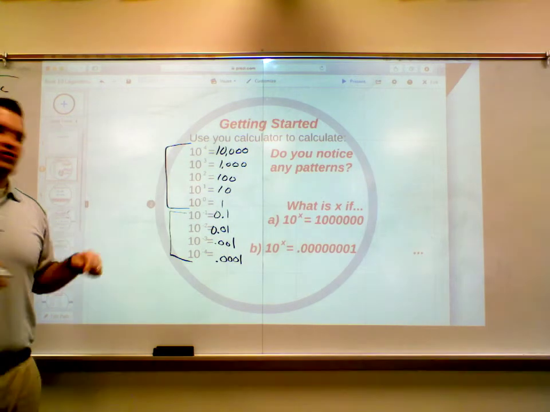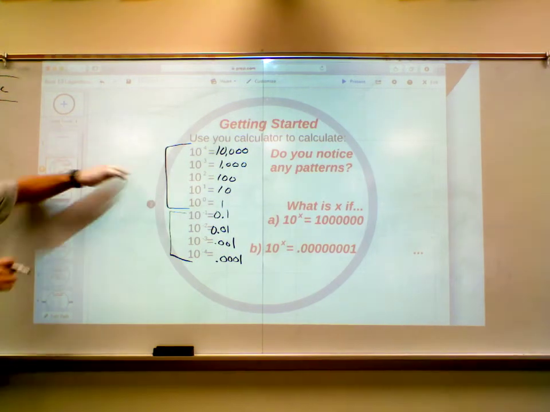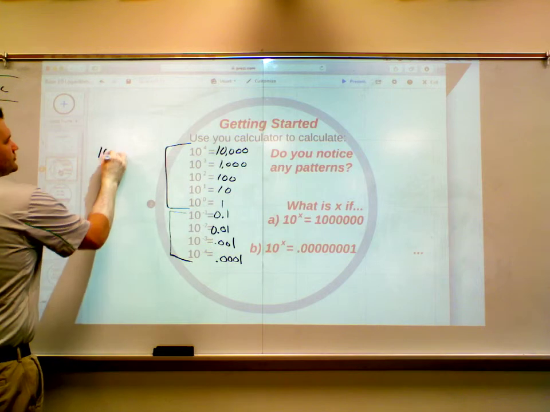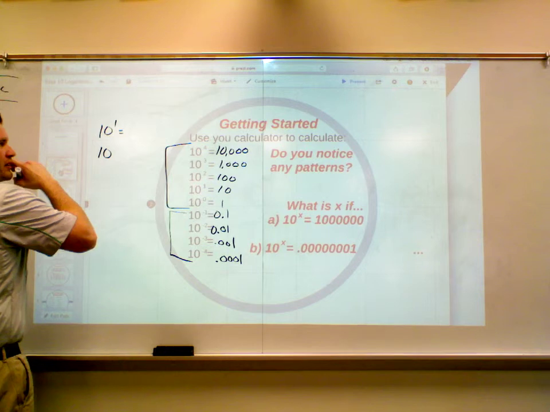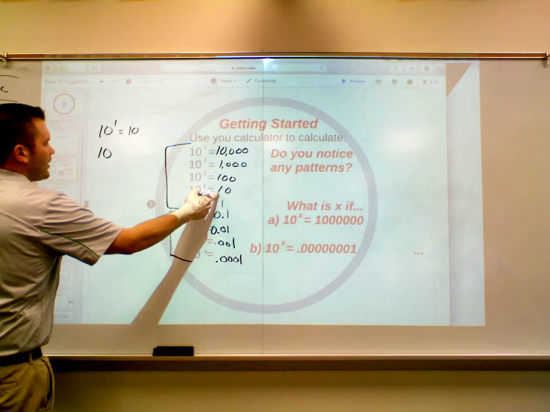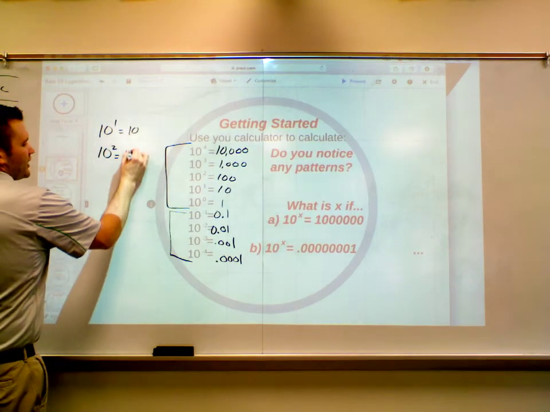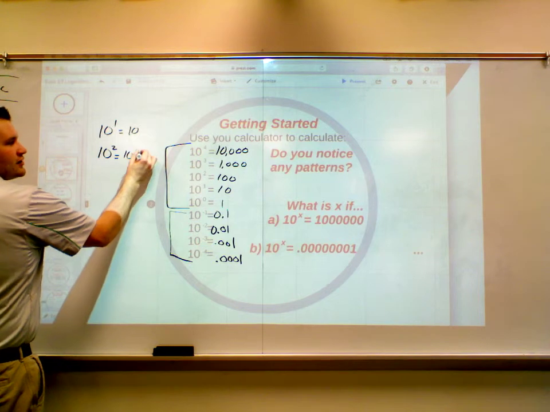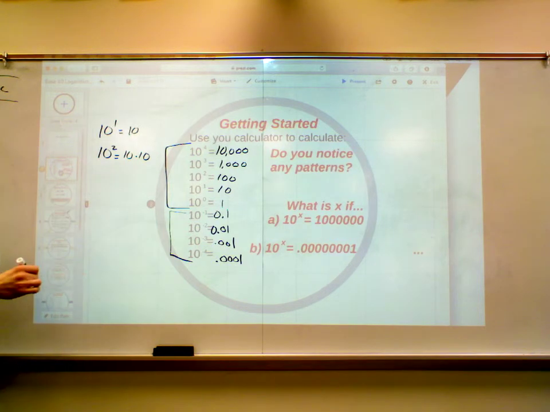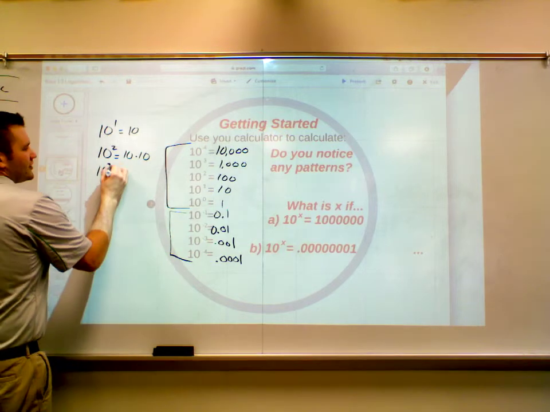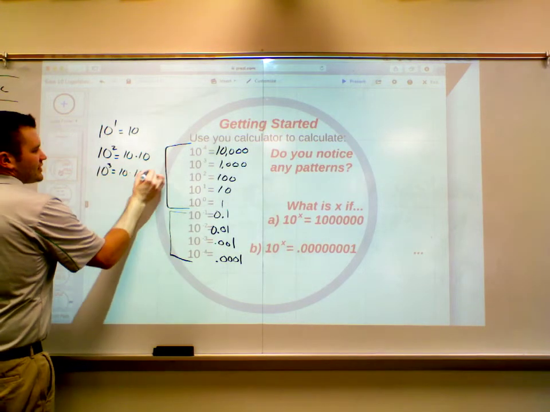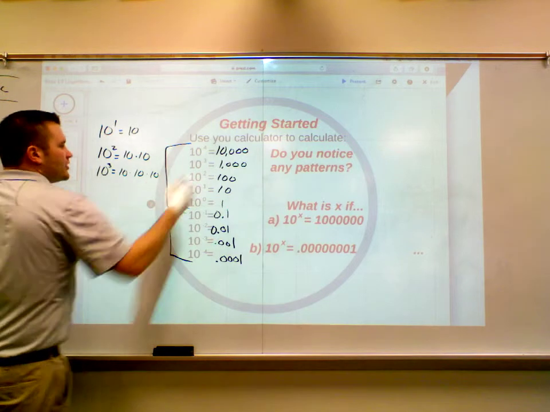The reason why is because when I do exponents, if I do 10 to the 1st, what does that equal? 10. That's why I get 10 right here, right? Yeah. 10 squared is 10 times 10, which gives us 100. 10 to the 3rd is 10 times 10 times 10, which gives us 1,000.